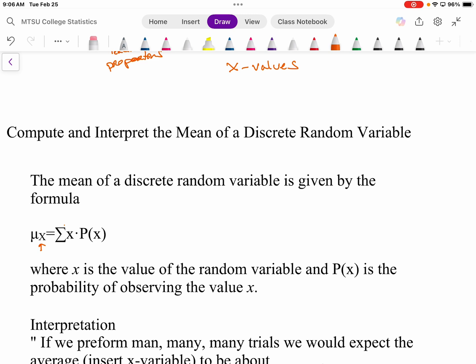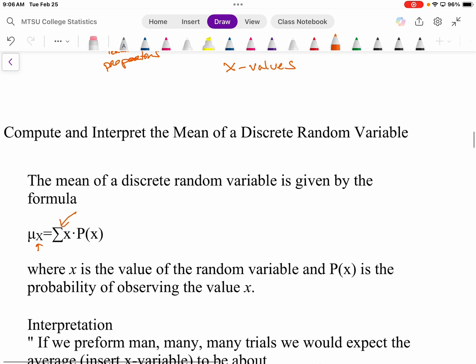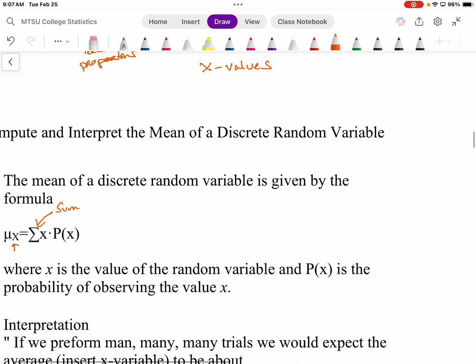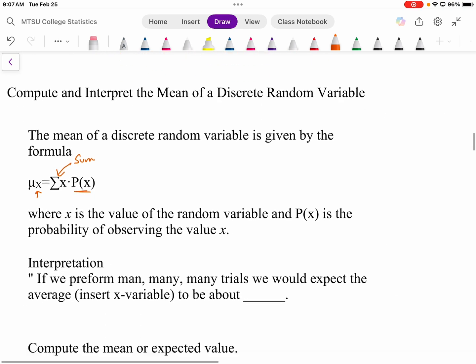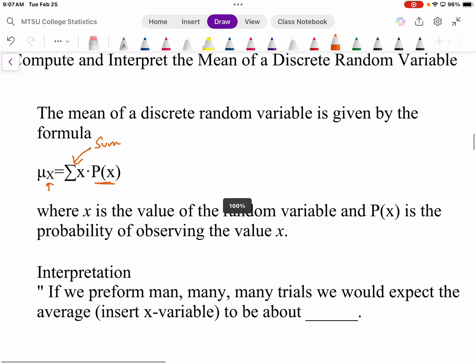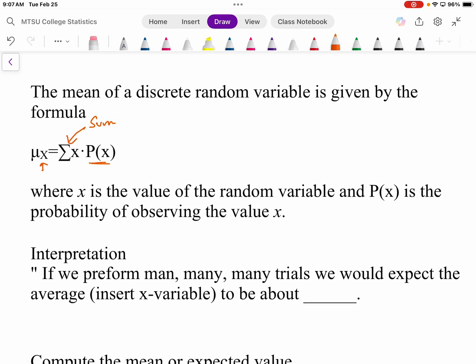Again, if you didn't know, that Greek letter capital sigma stands for sum. It means adding up all the stuff. Okay? So the mean of a discrete random variable is equal to the sum of every x value times its corresponding probability. And we have an example that we're going to do down here in a second.